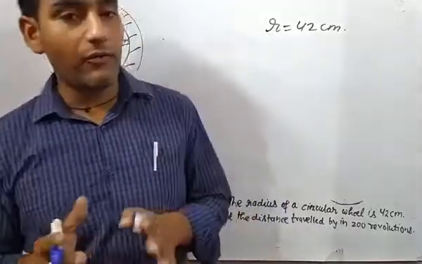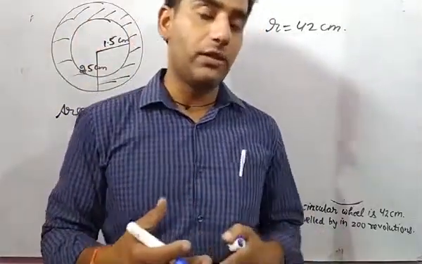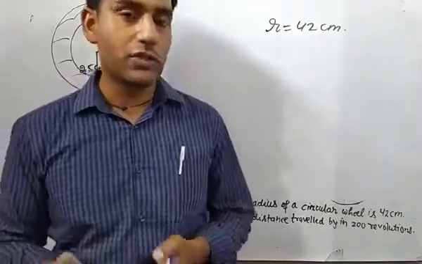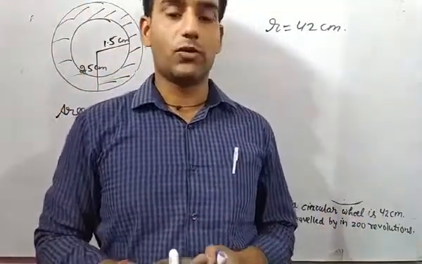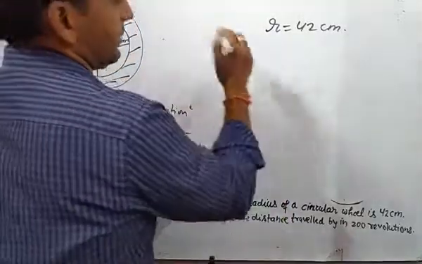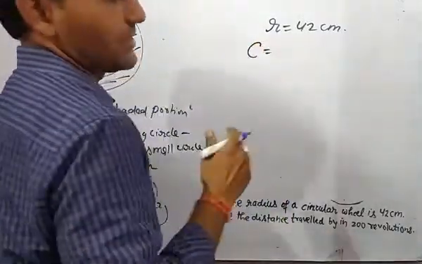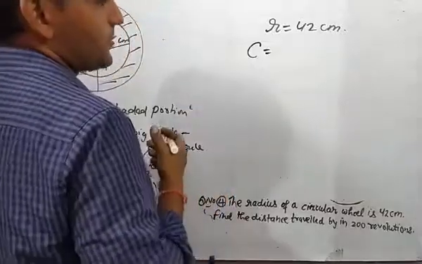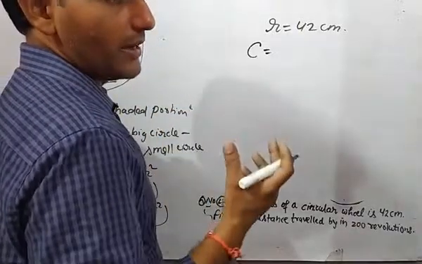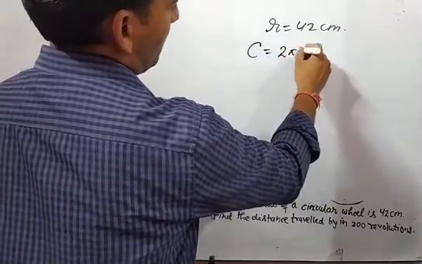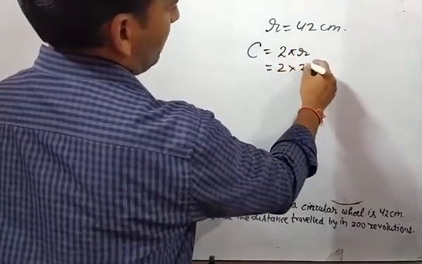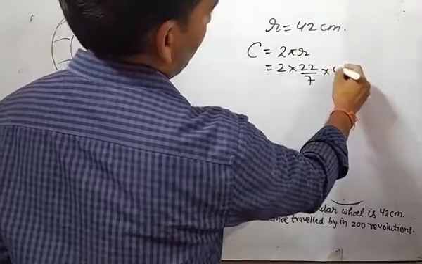Listen, whenever you have to find the distance covered by the wheel in a given number of revolutions, first of all you will find the circumference of the circle. So if the radius is given, please find the circumference of the circle. Circumference of the circle means the distance covered by the wheel in one revolution. So the circumference formula is 2 pi r, 2 multiplied by 22 by 7 multiplied by 42.